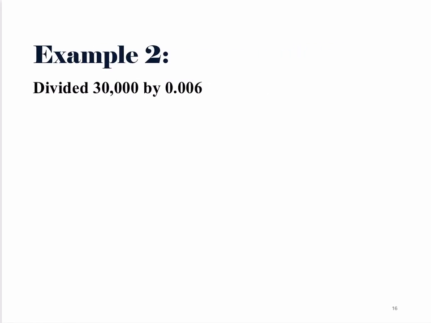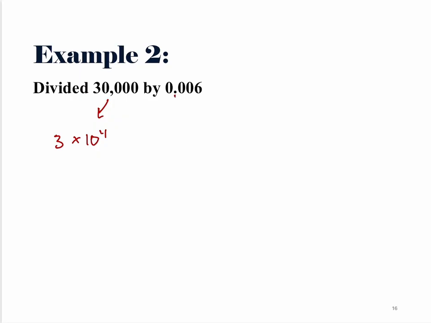So the first step, again, was to do what? Convert. So 30,000, we already did that one. That was 3 times 10 to the 4. What about 0.006? What's that going to be? Yeah, it'd be 6 times 10 to the negative 3. How do we get there?